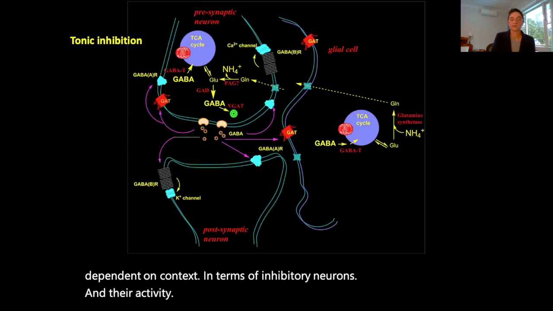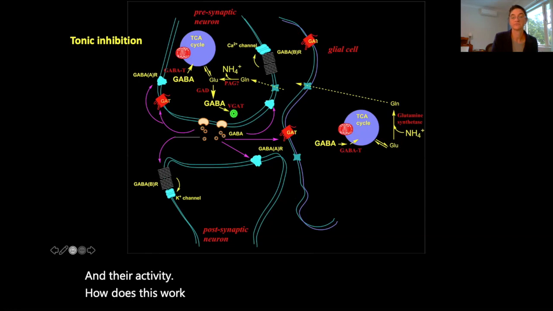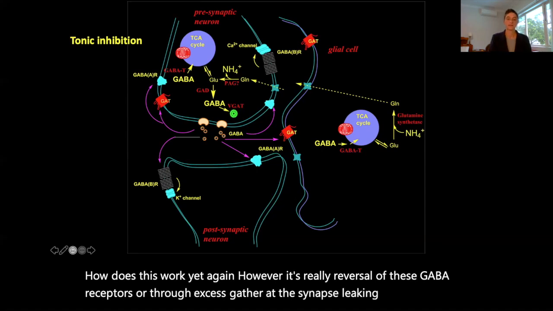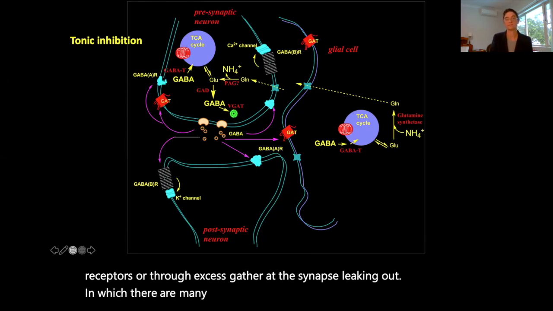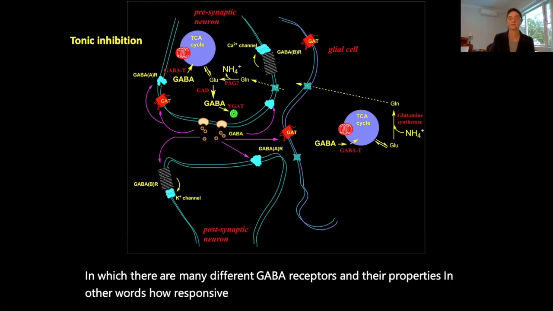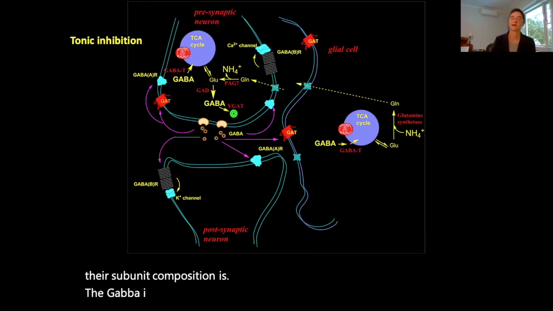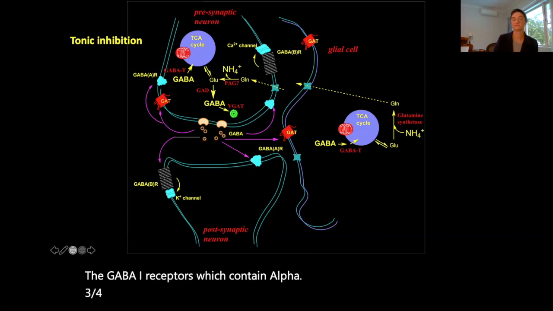How does this work? Well, yet again, either it's through the reversal of these GABA receptors or through excess GABA at the synapse leaking out. There are many different GABA receptors, and their properties, in other words, how responsive they are to GABA, is really dependent on their subunit composition. So GABA-A receptors which contain alpha 3, 4, 5 and 6 tend to be perisynaptic receptors.